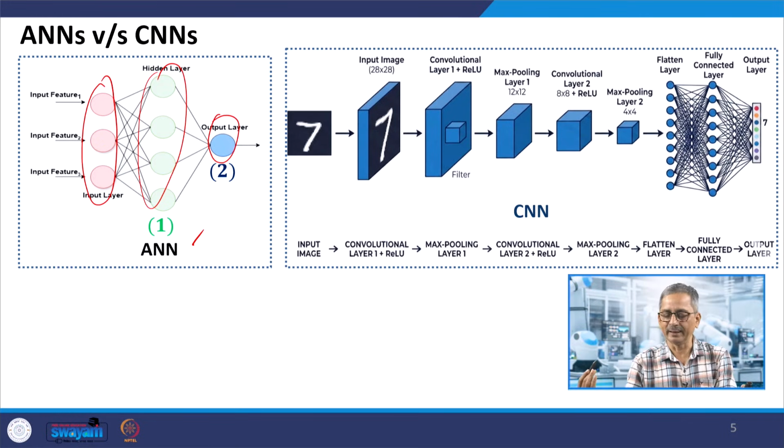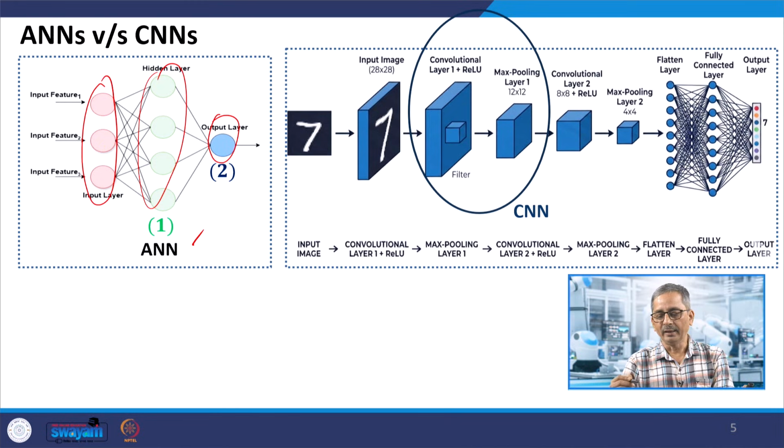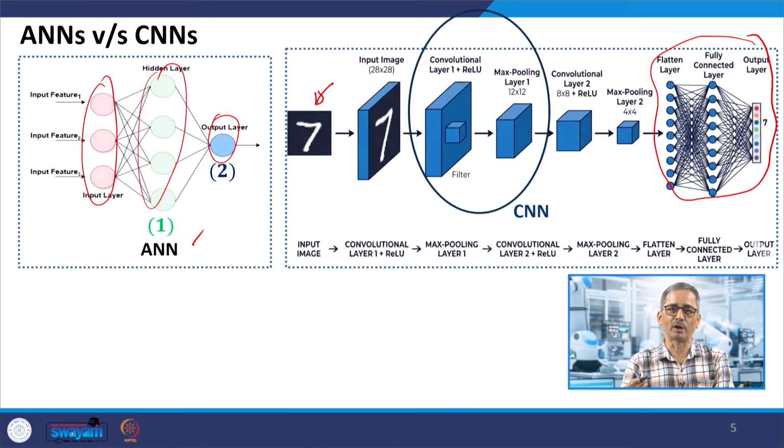The CNN has got the convolutional and the max pooling layers. This is our conventional neural network part here in case of CNN. Apart from that, suppose I want to recognize what digit this number is, so I am feeding an input here.